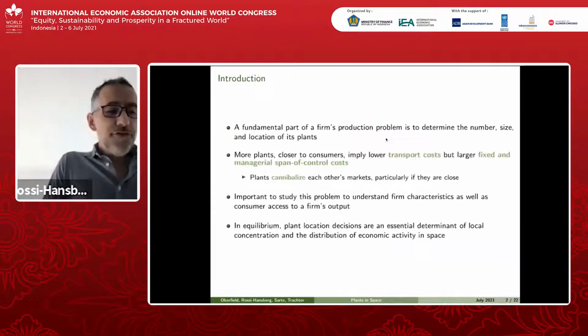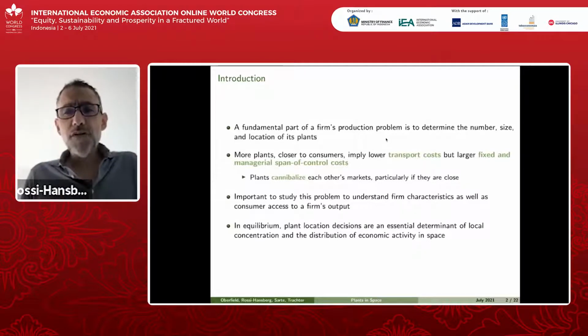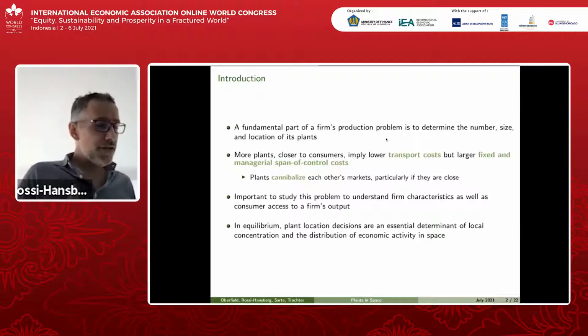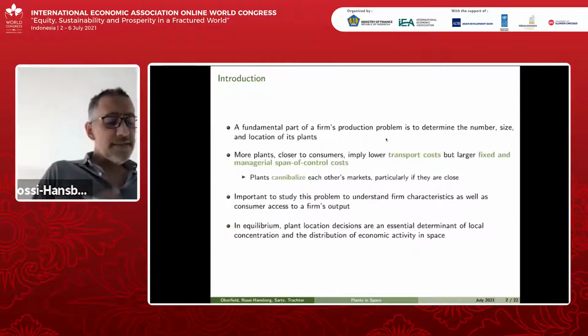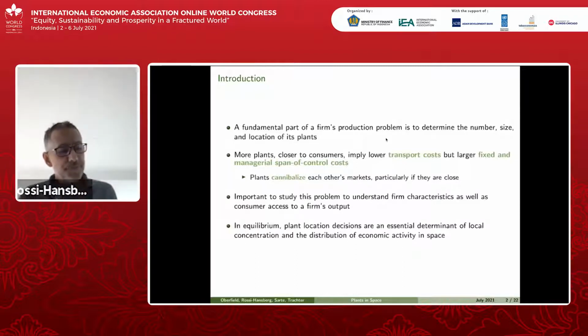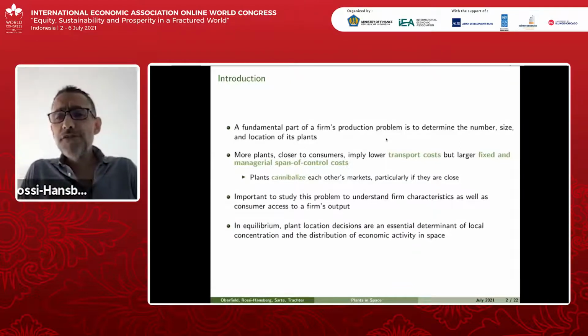And the idea is to try to think about one of the fundamental problems of firm organization and one of the key problems that firms face when deciding how to produce, which is how many plants to build or have, what's the size of these plants, and where exactly to locate them. And the trade-offs, of course, that govern this decision are fairly straightforward.